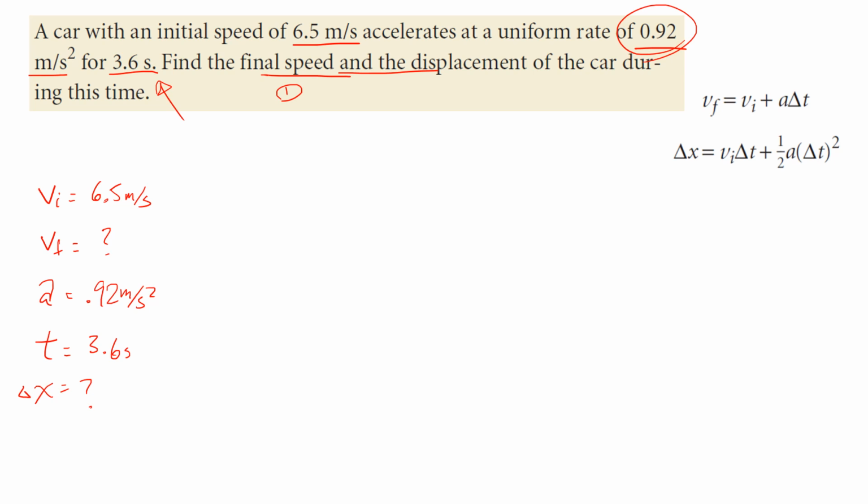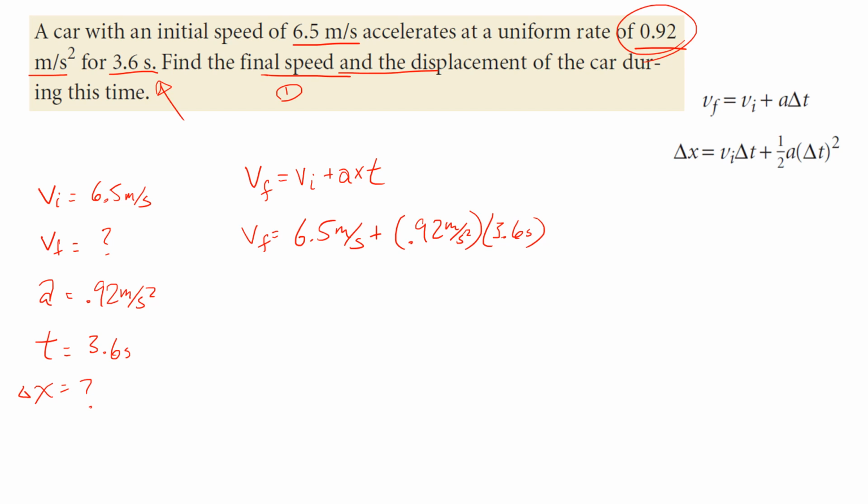So let's plug them in. To find the final speed, again, we do V f, our final velocity, is equal to V initial plus a times t. V f then is equal to 6.5 meters a second plus our acceleration, which is 0.92 meters a second squared, times the time, which is 3.6 seconds.